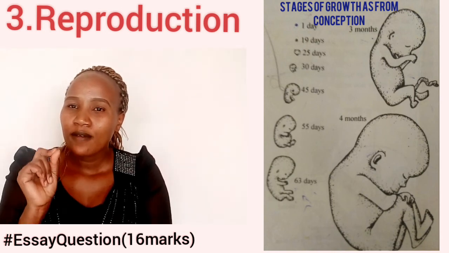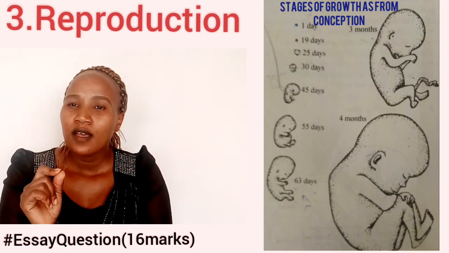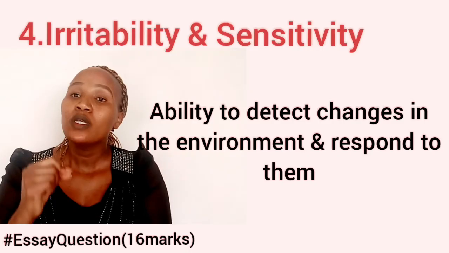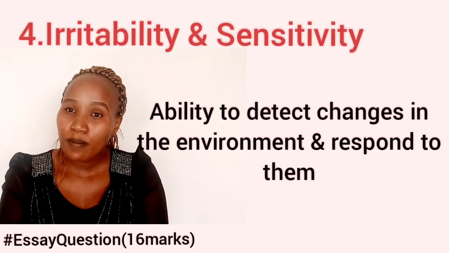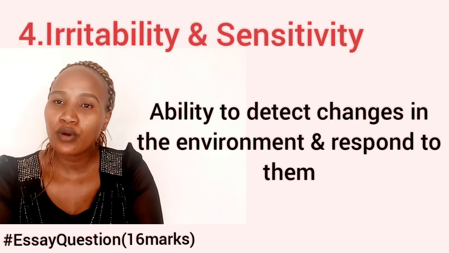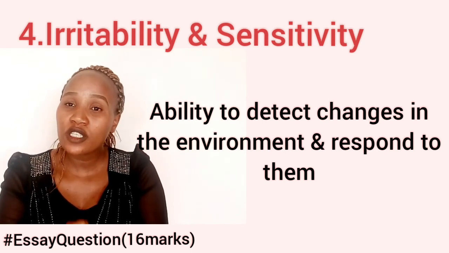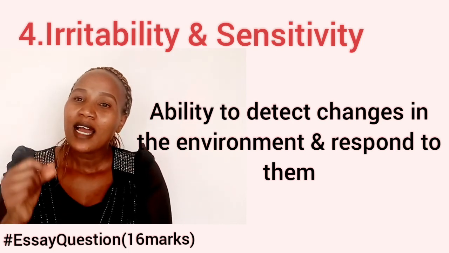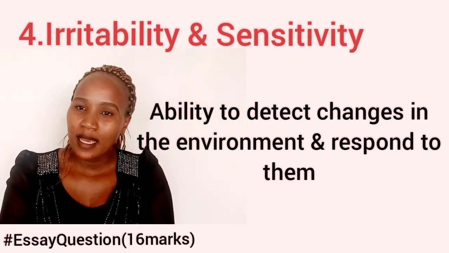Another important feature is irritability and sensitivity. When we talk of irritability and sensitivity, we are talking about an organism being able to detect changes in the environment and respond to those changes, or simply the ability to detect and respond to stimuli.